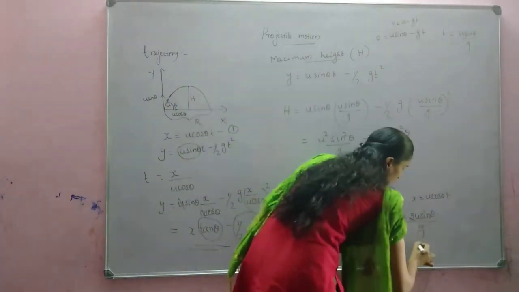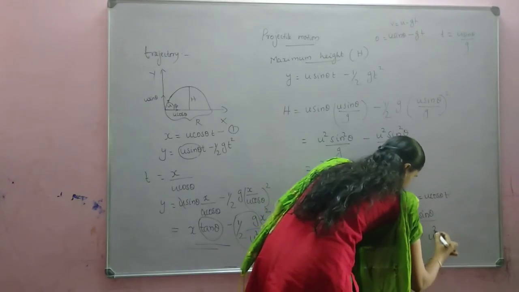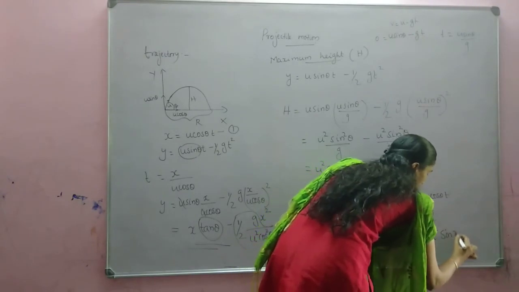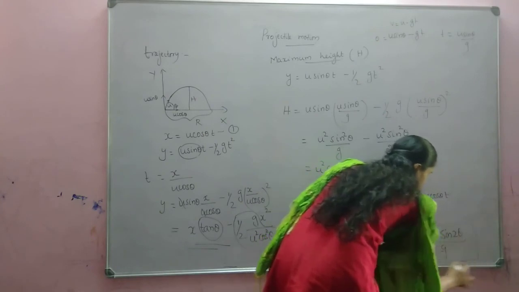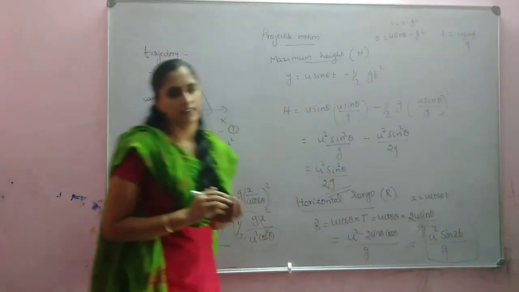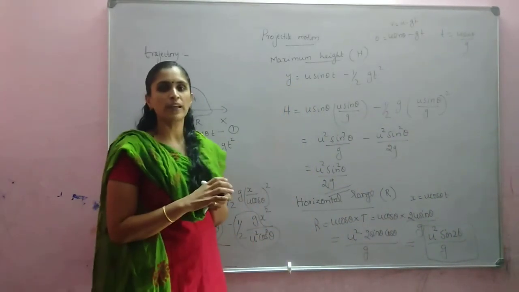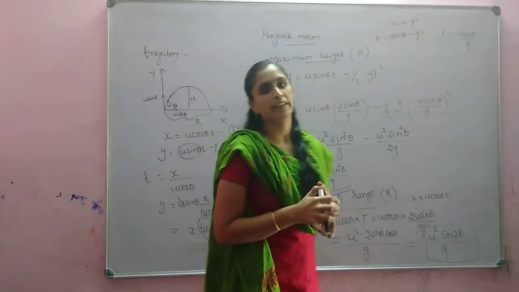So you can write u square sin 2 theta by g. This is the expression for the horizontal range.